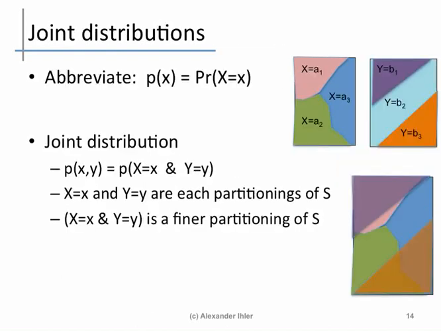It'll also be useful to think about more than one variable at a time. First of all, we'll typically abbreviate the probability that random variable x takes on value little x as just p of x. This is a slight abuse of notation, but it should be fairly clear. Each variable represents a partitioning of the entire event space.